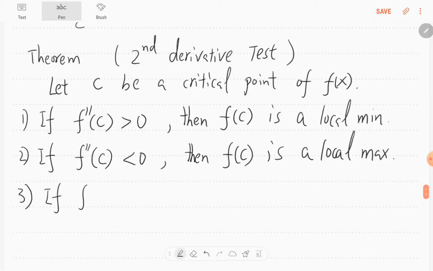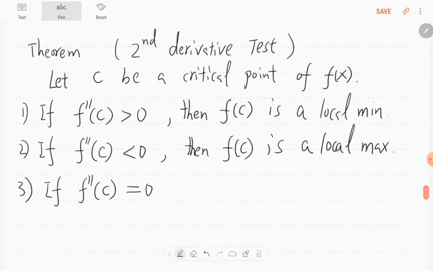If the second derivative at c equals 0, then the test fails. So you have to use other tests. For example, you use the first derivative test to determine whether it's a local maximum or a local minimum.